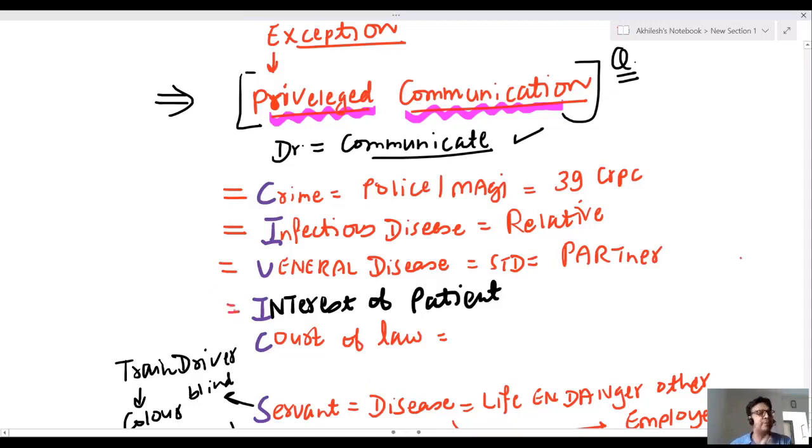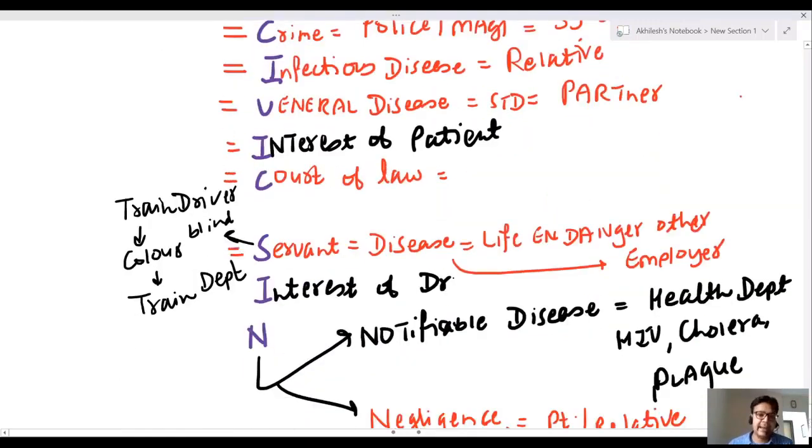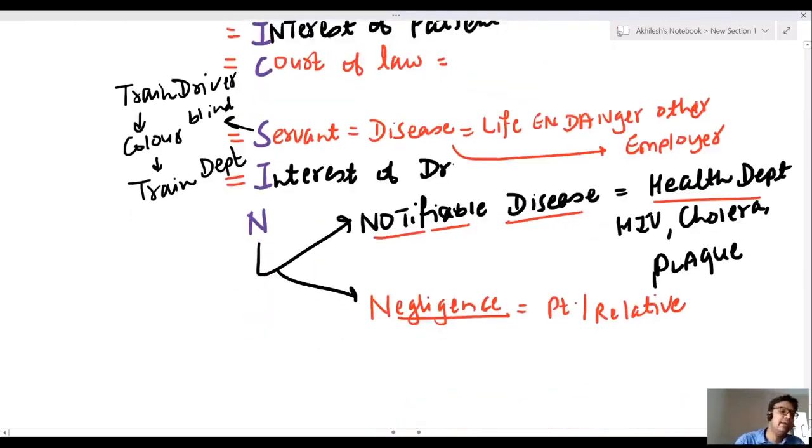Interest of patient informed to the patient or relative. Court of law, inform the court. Servant and employer relationship, inform the employer. Interest of a doctor informed to some person. Notifiable disease informed to the health department. And if negligence takes place, informed to the patient and relative.